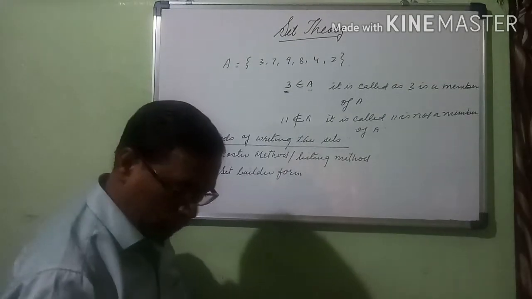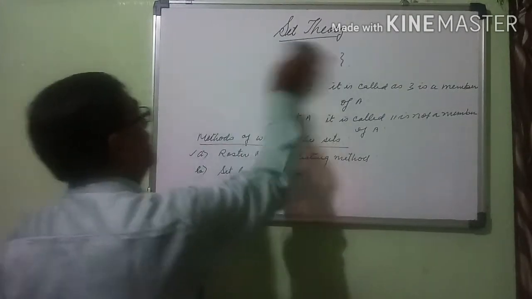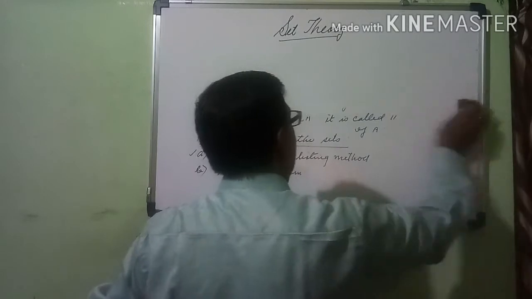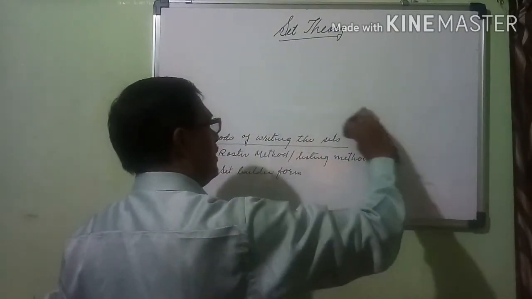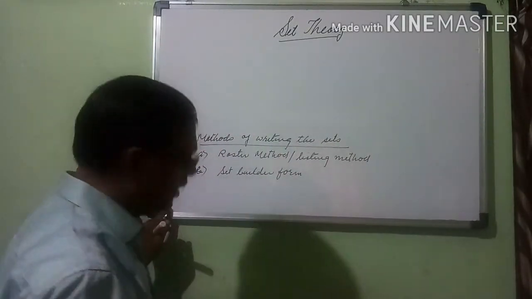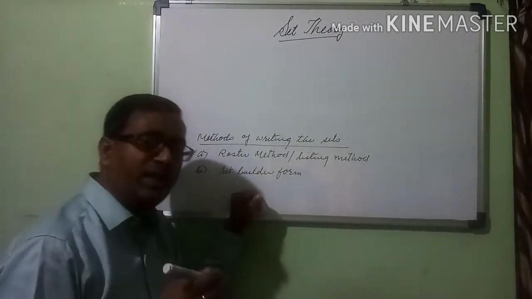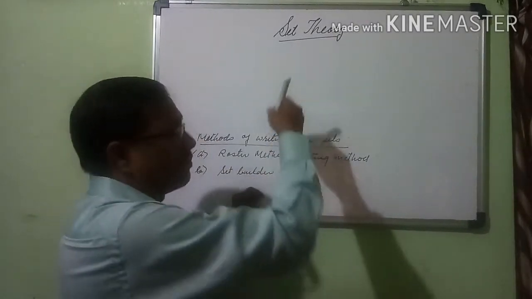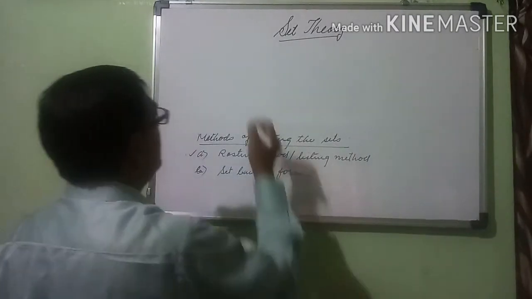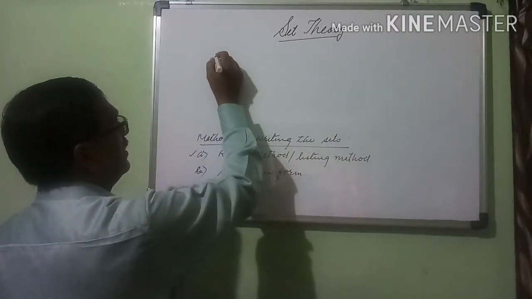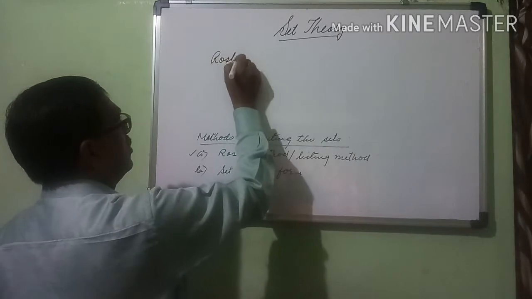Now, what is this roster form? Roster form means you are going to list the elements in that particular form. For example, roster form.